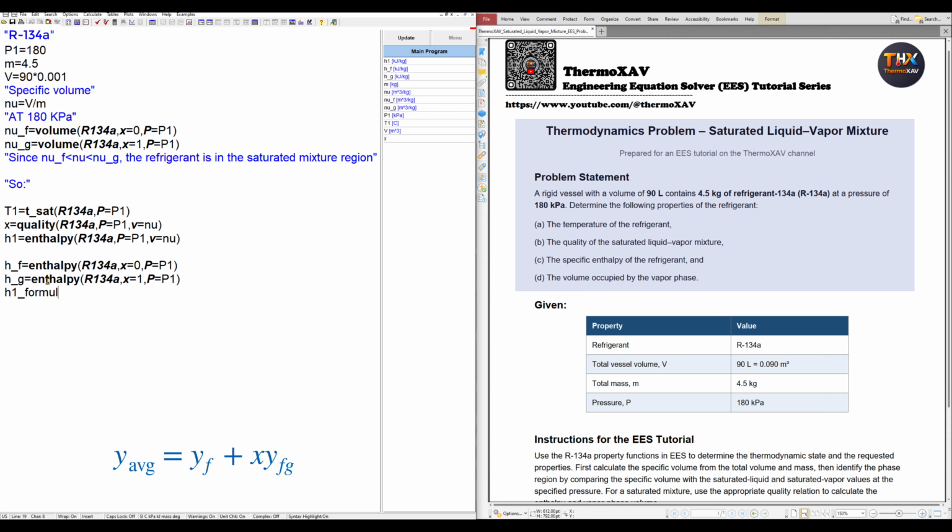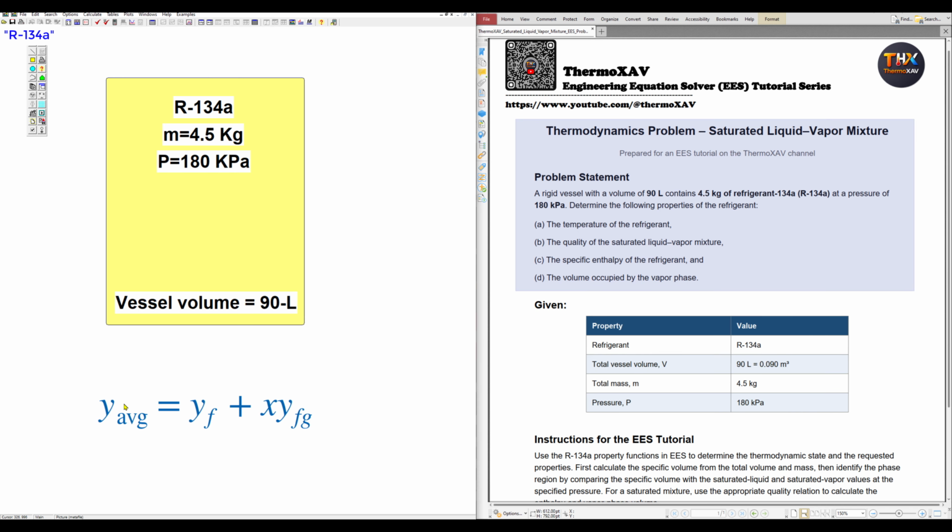So I will call it like this, for example, which is equal to, and it's a famous formula in thermodynamics. If I go here, I have a picture of this one. The average value for each property, like enthalpy here, is equal to that value, for example HF, plus the quality multiplied by the YFG. This YFG is, in this case, Hg minus Hf.